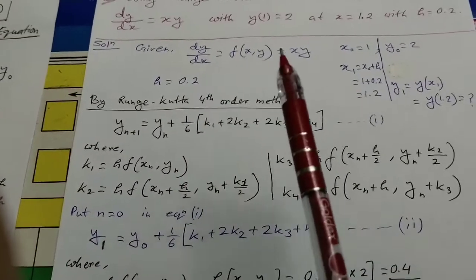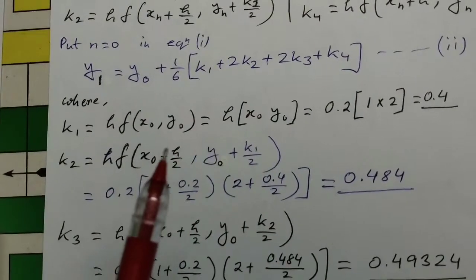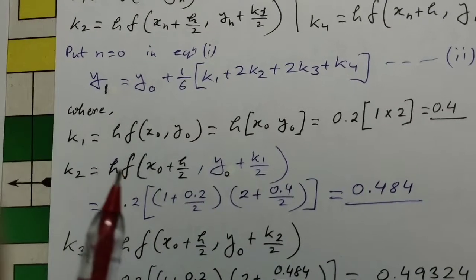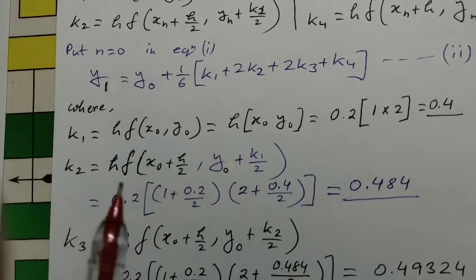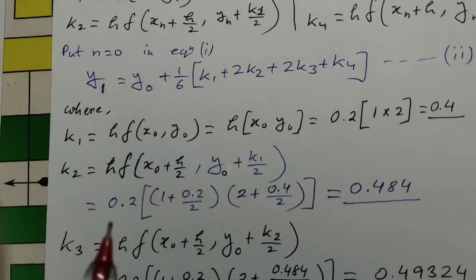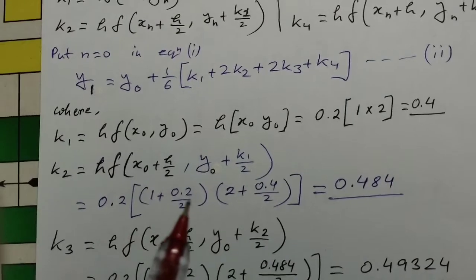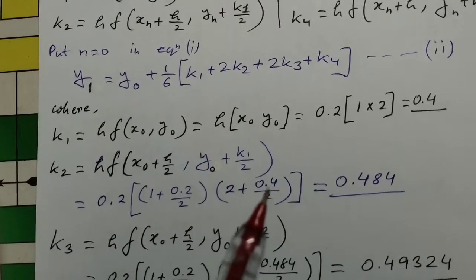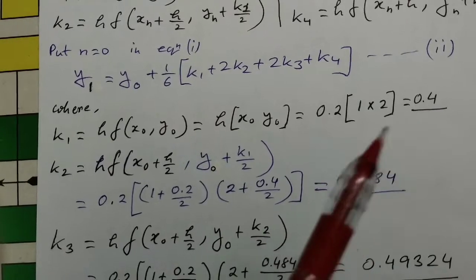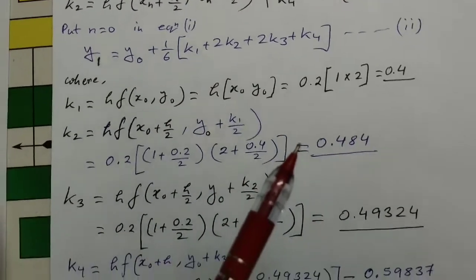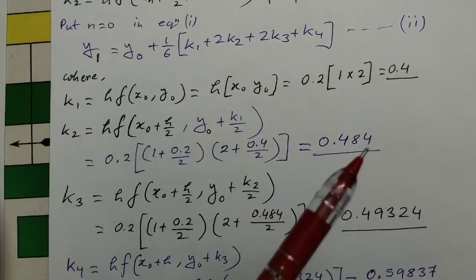So f(x, y) equals xy, that means this whole portion into this whole portion. And the value of h is 0.2. So 0.2 into (1 plus 0.2 by 2) into (2 plus 0.4 by 2). 0.4 we have got from here, right? So if we calculate, it will become 0.484.